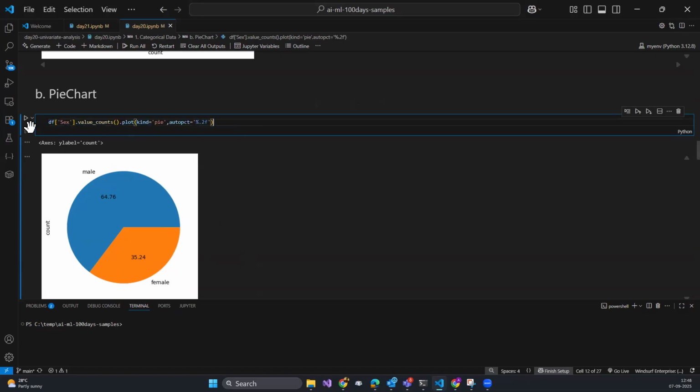So in this case, for example, I would like to see, okay, for the whole data set, what was the ratio of male versus female. So I would be able to see clearly. I'm able to see 64.76% were male compared to female, right?